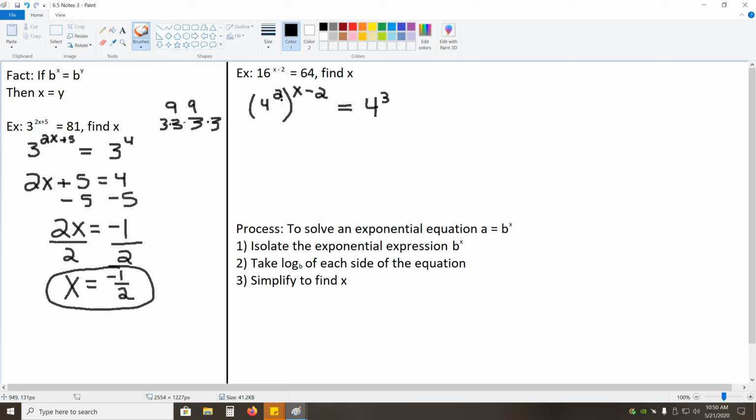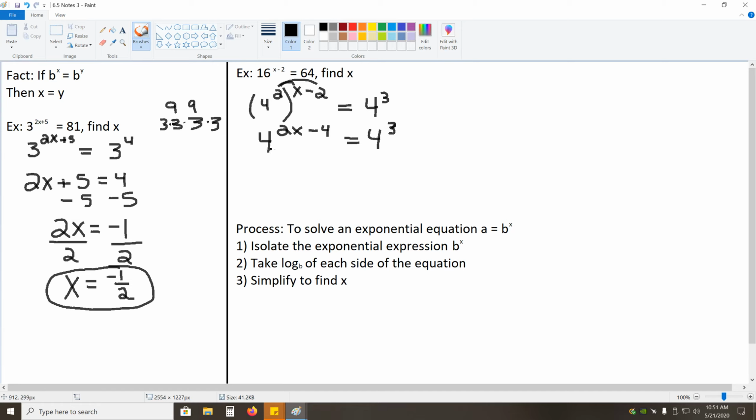From here, whenever we raise an exponent to another exponent, we just multiply the exponents together, so we're just distributing this 2 to this x and this negative 2. So we get 4 to the 2x minus 4 equals 4 to the 3rd.